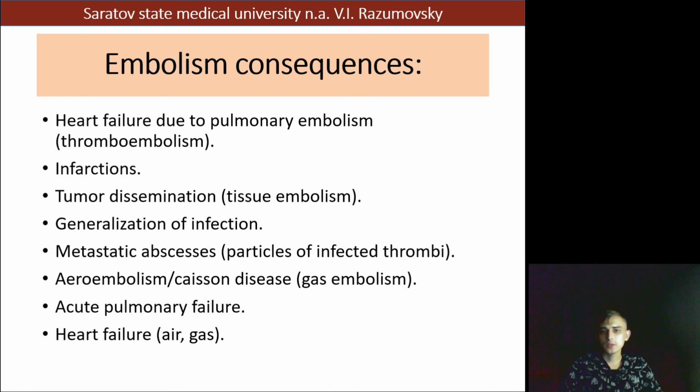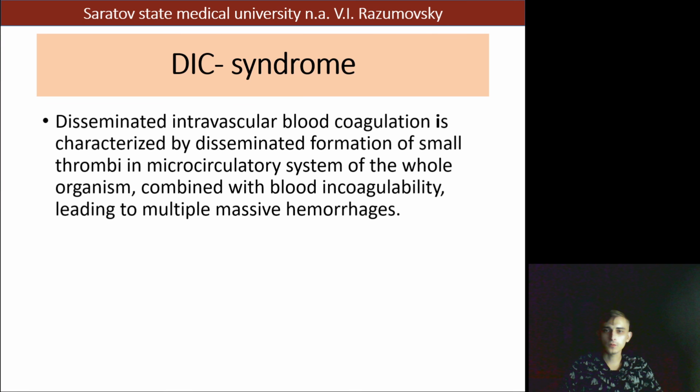DIC syndrome is a syndrome of disseminated intravascular blood coagulation, which is characterized by the disseminated formation of small thrombi in the microcirculatory system of all organs, combined with blood incoagulability, leading to multiple massive hemorrhages.